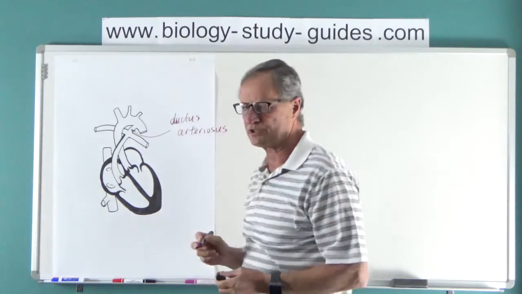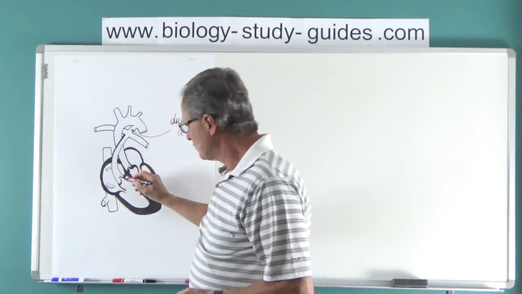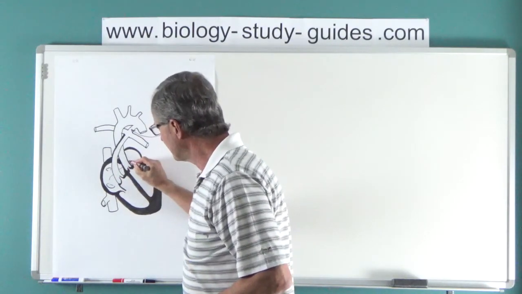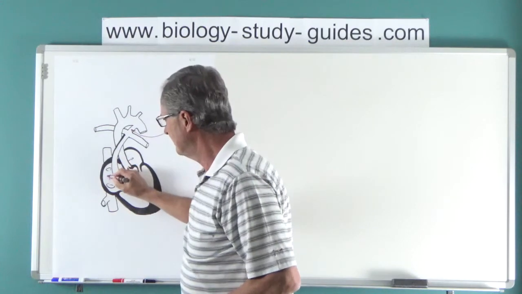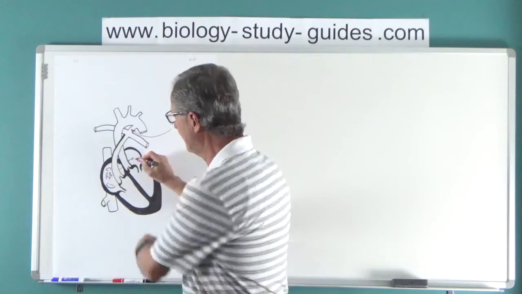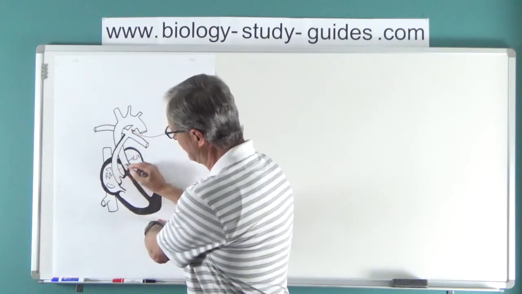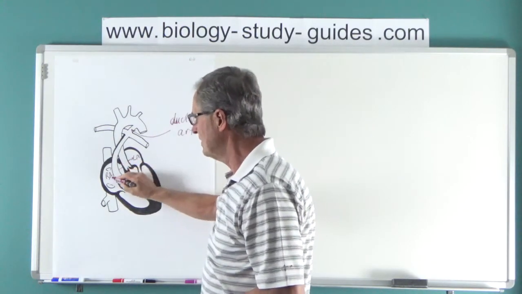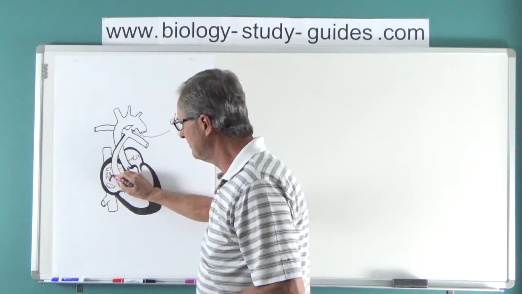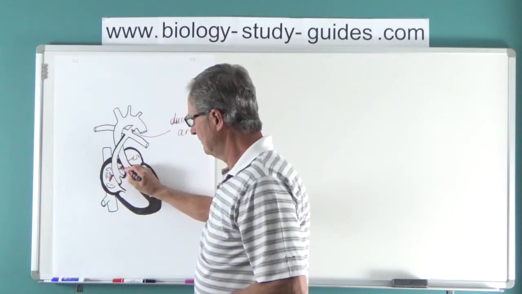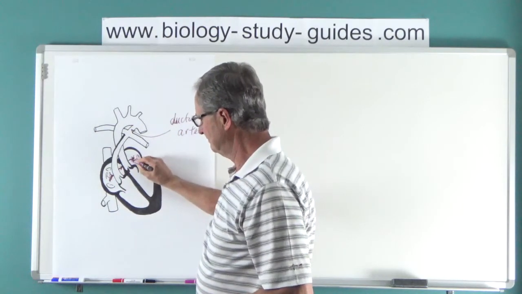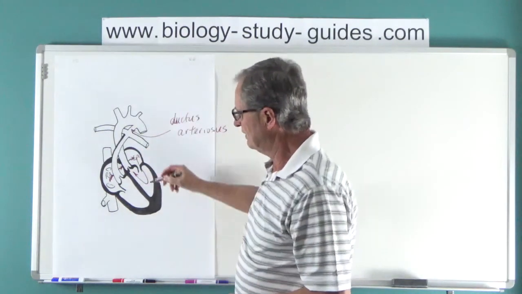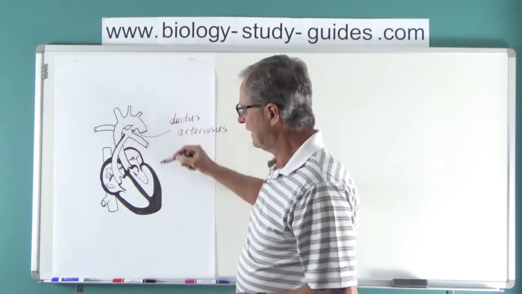Ductus arteriosus. As well, in a fetal heart, there's a valve that interconnects the right atrium with the left atrium. So there's another valve. The heart has 4 valves, but a fetal heart actually has 5 valves. There's a valve which allows the blood to come from the right atrium into the left atrium, and it would continue its route around the fetal body by going out the aorta.